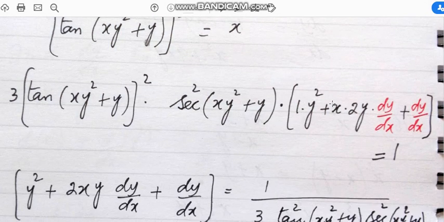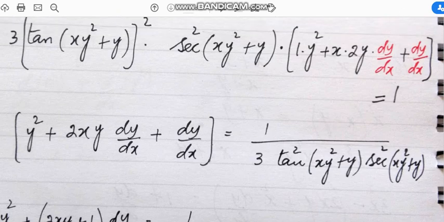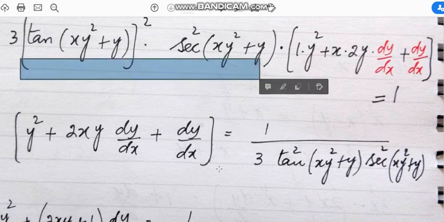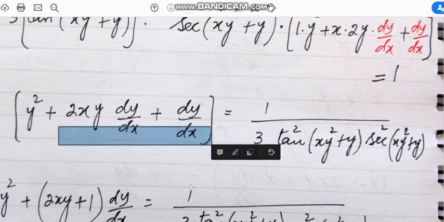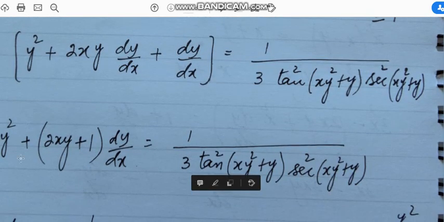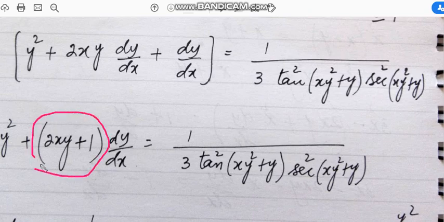Then its simplification will be that I have shifted this term to the right hand side in a denominator, then taking dy by dx common from these two terms, and then shifted this y on the right hand side, that becomes minus, and then what I have done, I have divided first factor by this term and also the second factor, that is minus y square, by this term again.